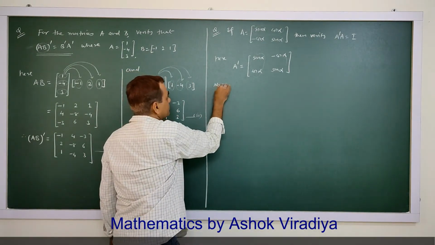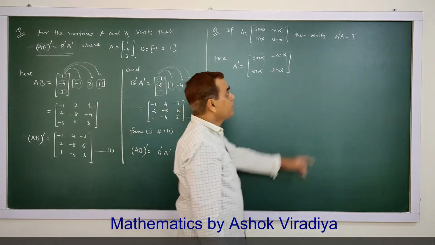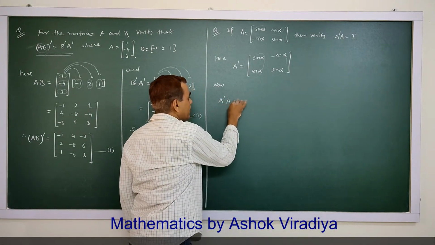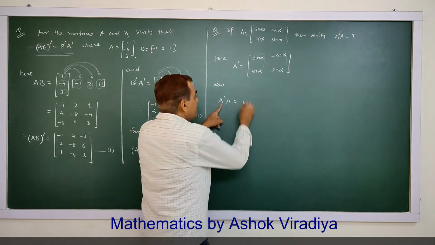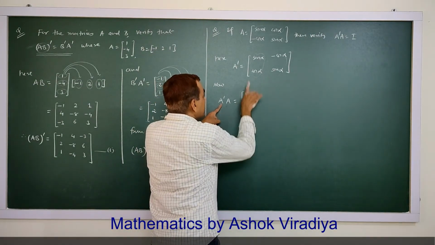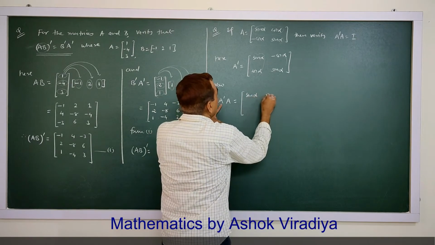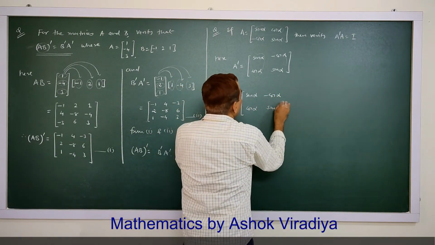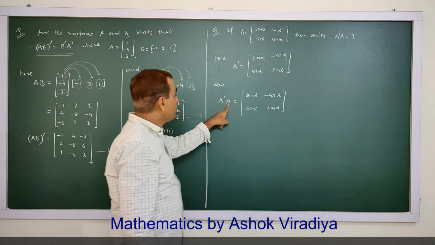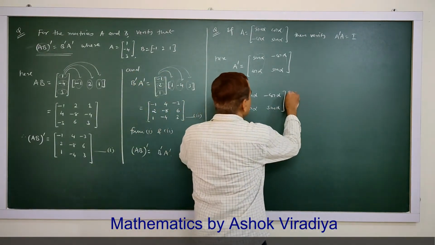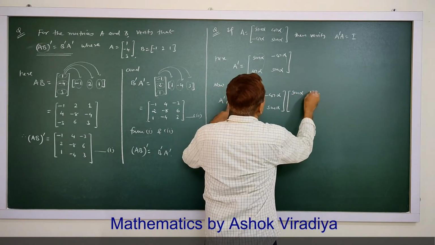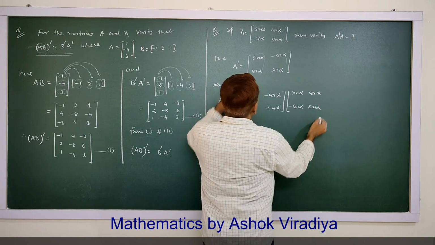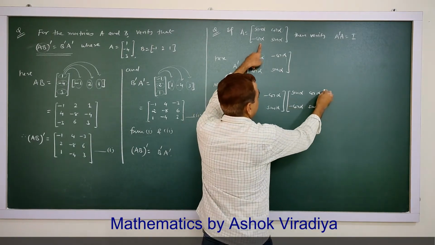Now we compute A dash into A. On the left, matrix A dash. So I take here A dash. A dash is sin alpha, minus cos alpha, cos alpha, sin alpha. Into A. A is sin alpha, cos alpha, minus cos alpha, sin alpha.